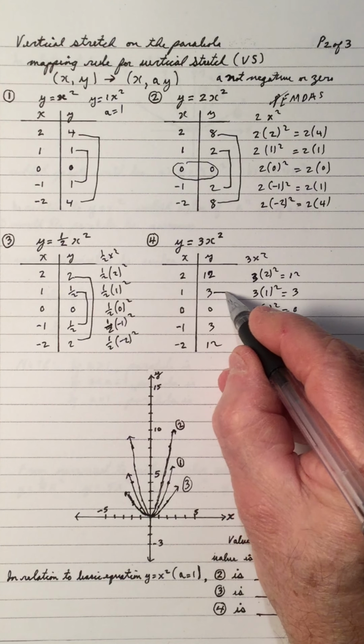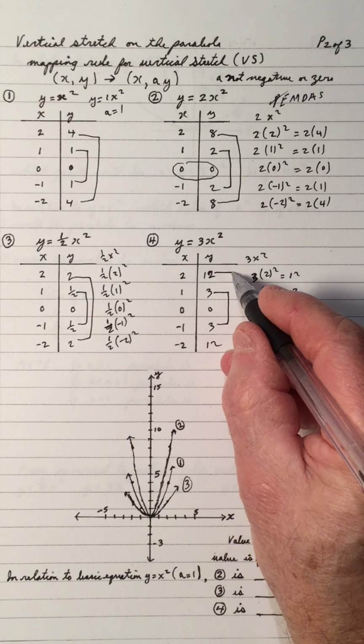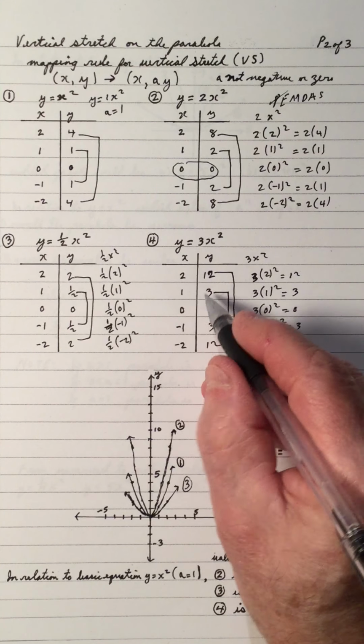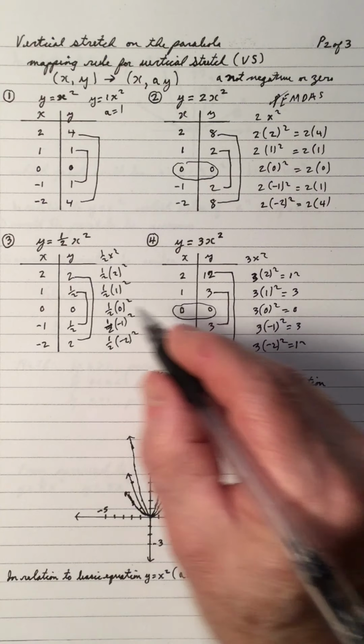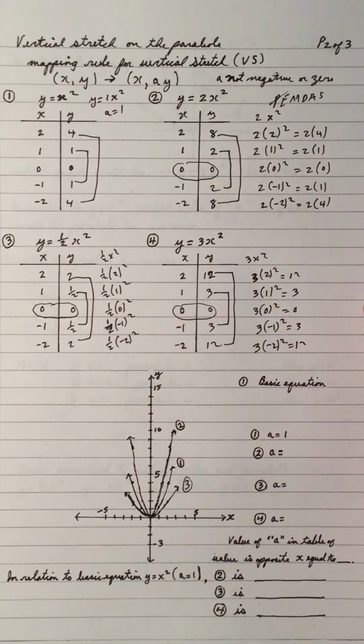And again, notice 1 unit on the left and right, we get a 3. 2 units on the left and right, we get a 12. So you can see that this is the vertex. The vertex didn't change when you do a vertical stretch.